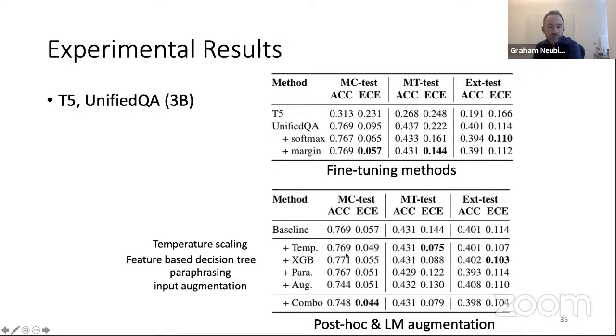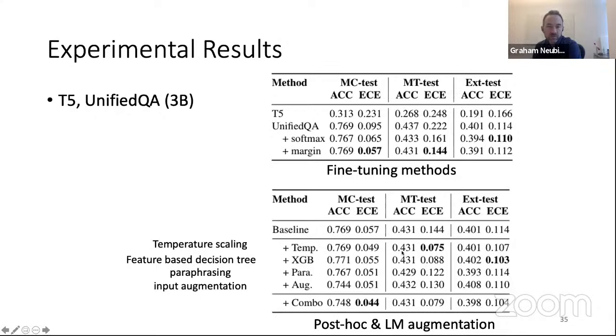And if we further add the post hoc calibration methods, we can get a pretty reasonable gain. For example, just temperature scaling halves the expected calibration error for MT test. So just by adjusting the scaling, it gives you better results.